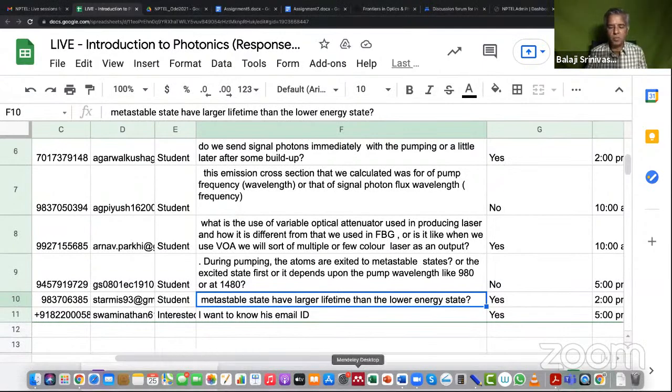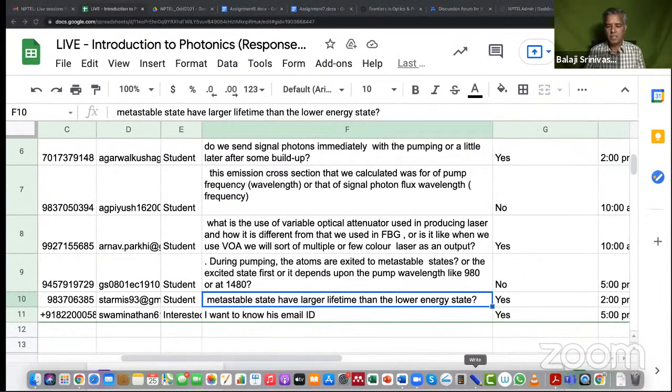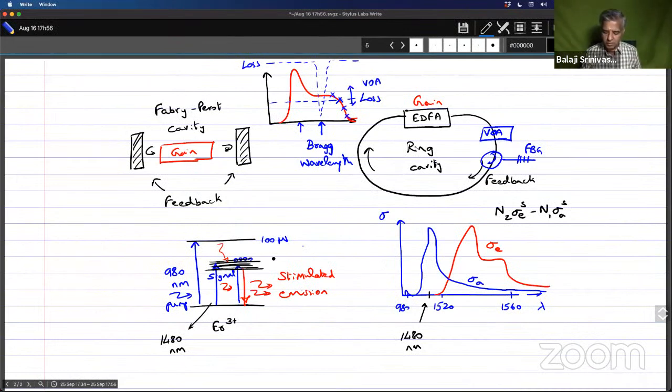Yes, that is almost an essential condition, because only if this metastable state has a relatively long lifetime tau can you have a significant accumulation of ions and significant population inversion, and that determines how much gain you can get.